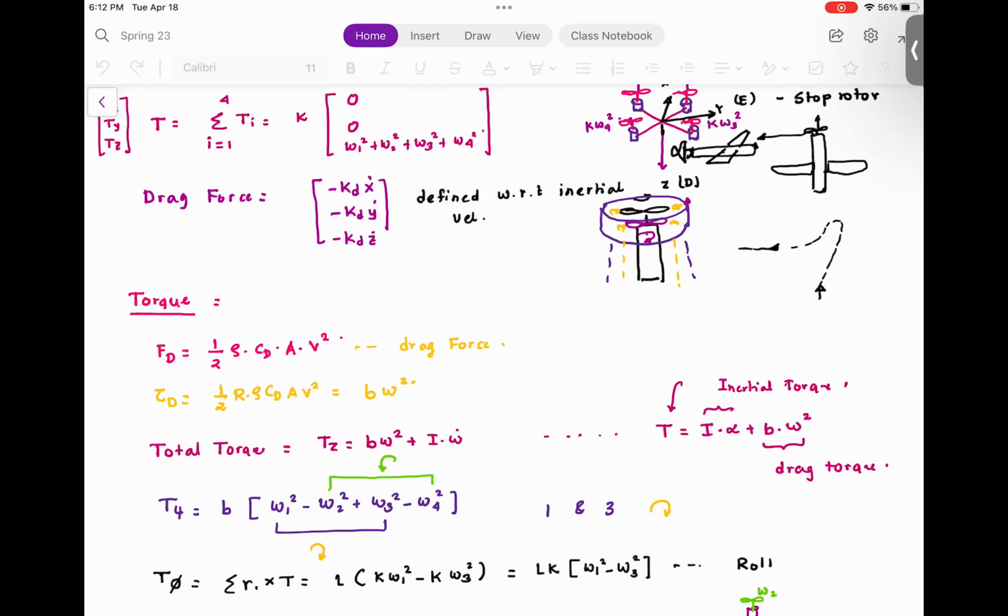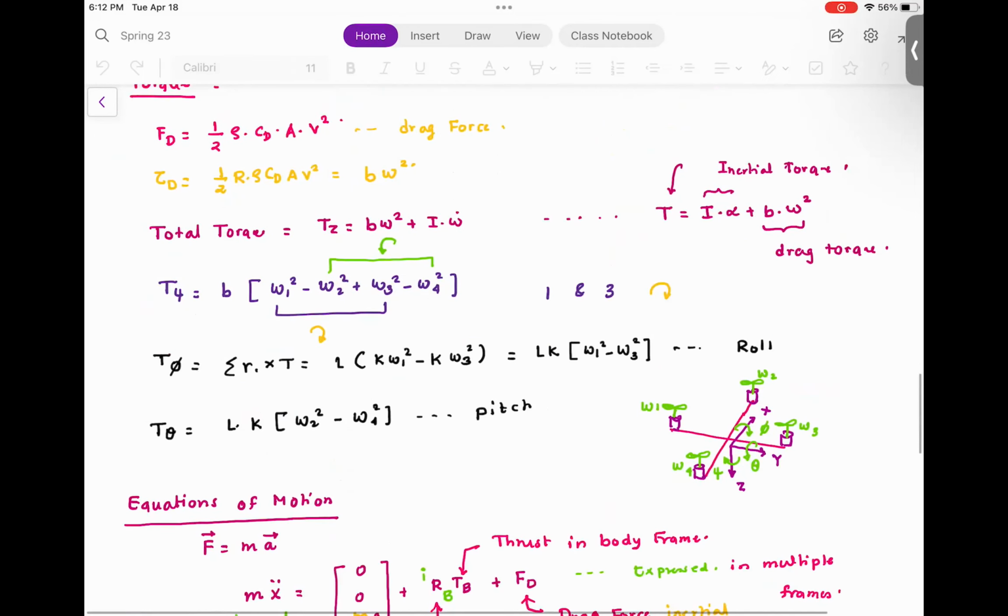And then there are 3 important torque terms that you need to take into account. One is the yawing torque, the torque that yaws the quadcopter. The next is the rolling torque, the torque that rolls the quadcopter. And the third one is the pitching torque, the torque that pitches the quadcopter.